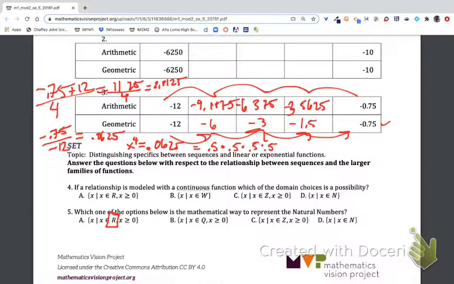R is going to stand for our real numbers. Q is our rational numbers. Z is our integers. And N is our natural numbers. So the correct format for this would be D. And this would be read as the set of all x's such that x is a natural number.